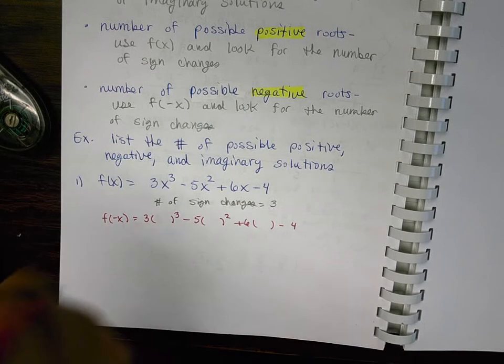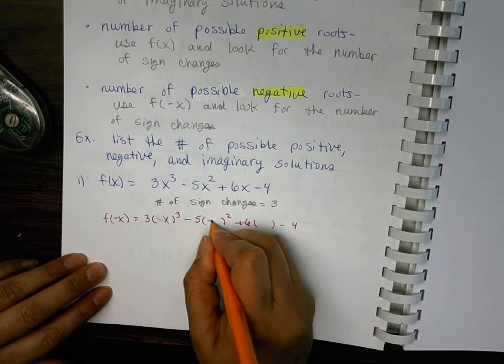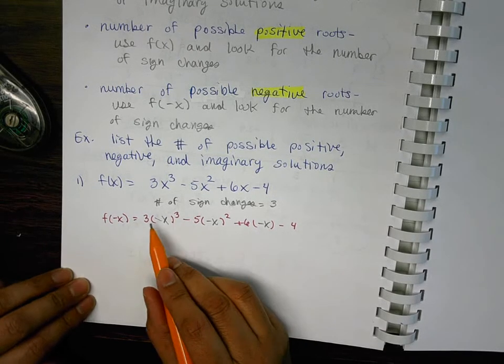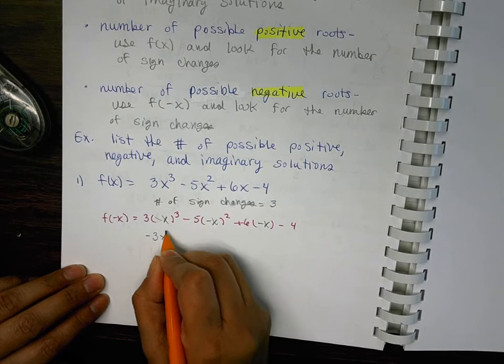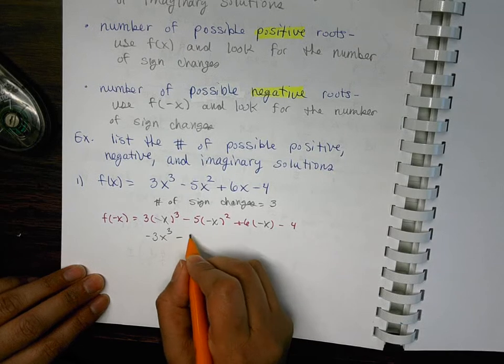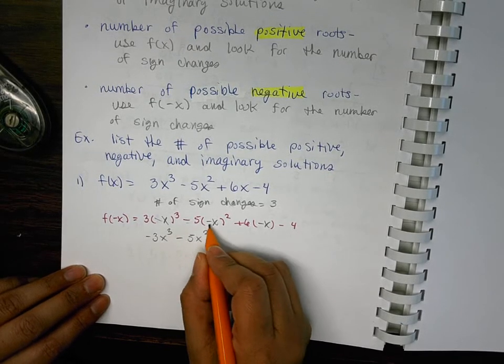That means we do what to all of the x's? We plug in a negative x and see what happens. Negative x cubed: is it going to be positive or negative 3x cubed? Negative 3x cubed. Minus 5x squared or plus 5x squared?